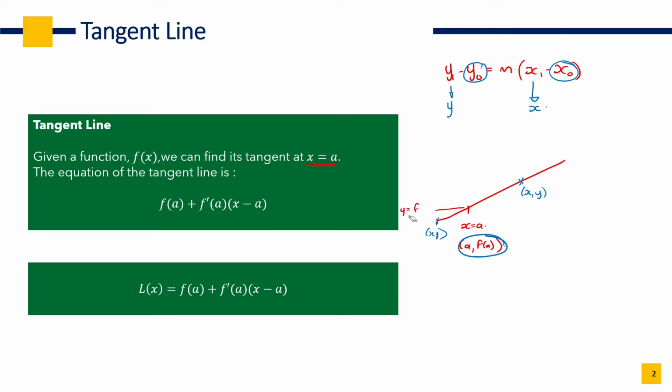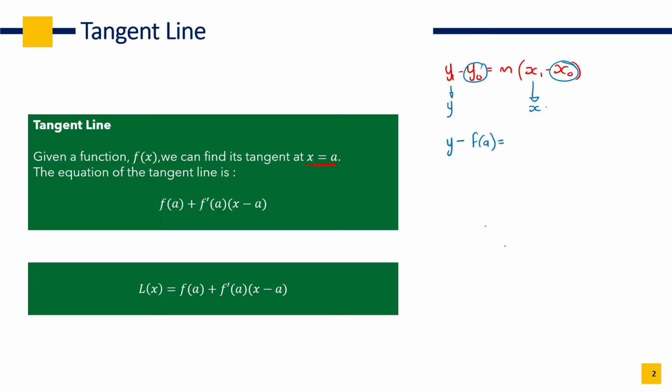So let's just rub this out. Okay, and if you rewrite it, let's first do all the steps. Y minus f of a is equal to the gradient.